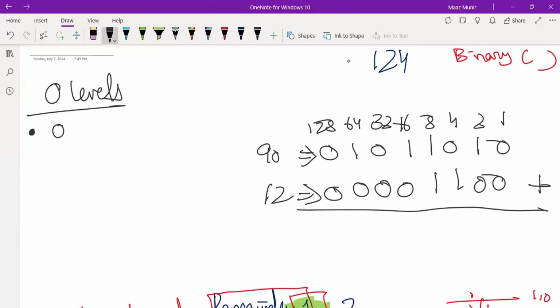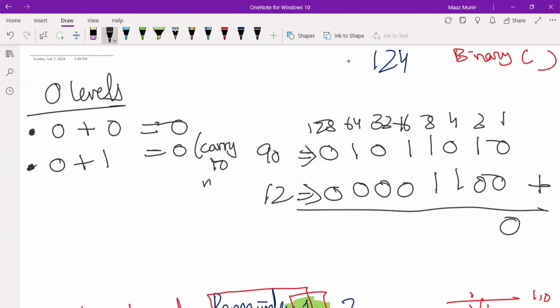When adding 0 plus 0, the final answer is also going to be 0. The second one is if you have 0 plus 1, you're going to be writing 1. The carry to the next digit comes in when you have 1 plus 1: you write 0 and carry to the next digit.